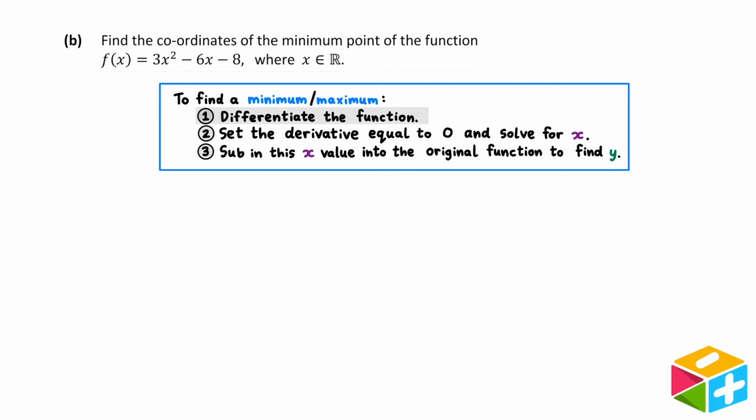The first step is to differentiate the function. The second step is to set the derivative equal to 0 and solve for x. And the third step is to sub in this x value into the original function to find y.